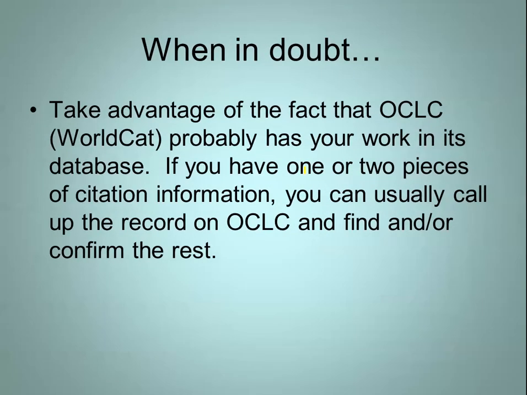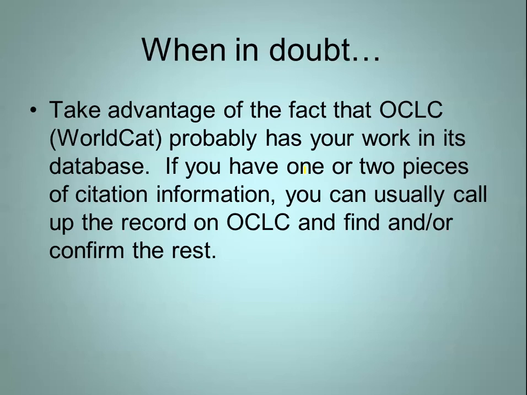When in doubt, here's a really fast trick for figuring out information for a citation. Take advantage of the fact that OCLC, or WorldCat, as we've been referring to it, probably has that work that you've got in your hands in its database. Some librarian has already done the work for you.